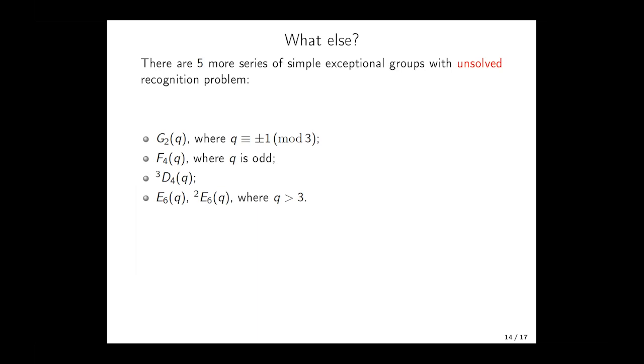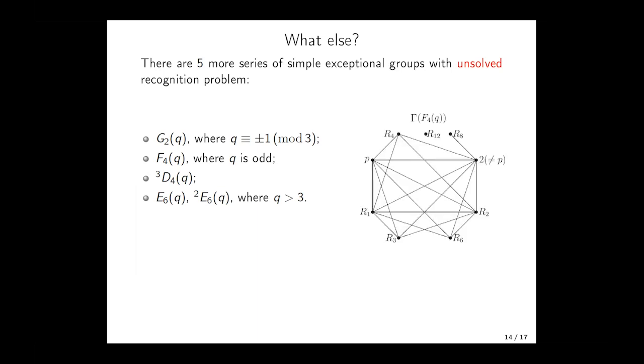unusual, I'd say. For example, on this slide, you can see the compact form of the graph of F4(Q). You see there are 2 components, R12 and the component that has the vertex 2. There is an interesting observation.